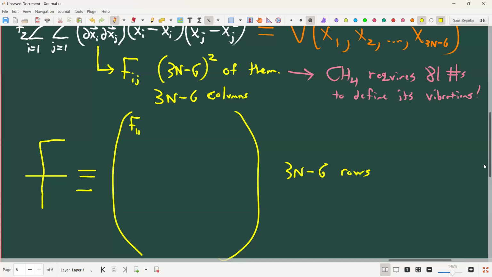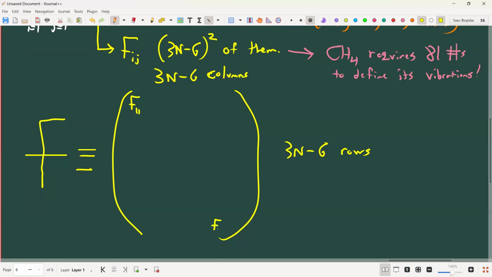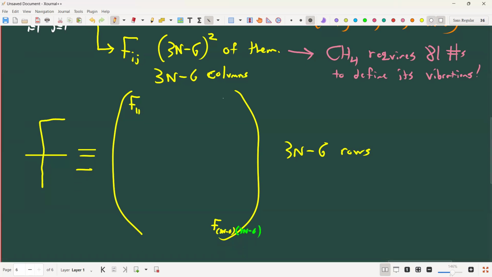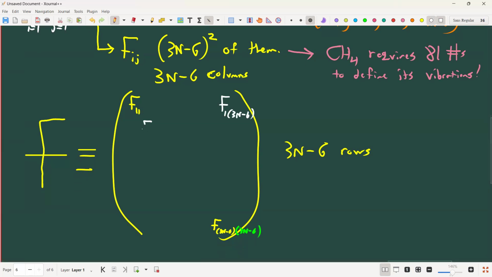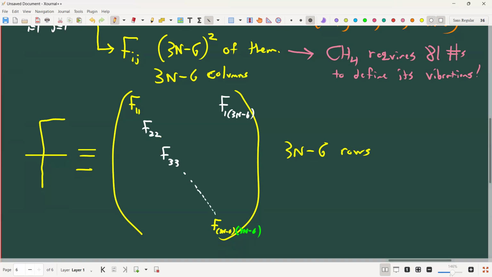Down here in the bottom right, I have F3n minus 6, 3n minus 6. Over here in this corner, I have F1, 3n minus 6. There's F22, F33, so on and so forth, right?